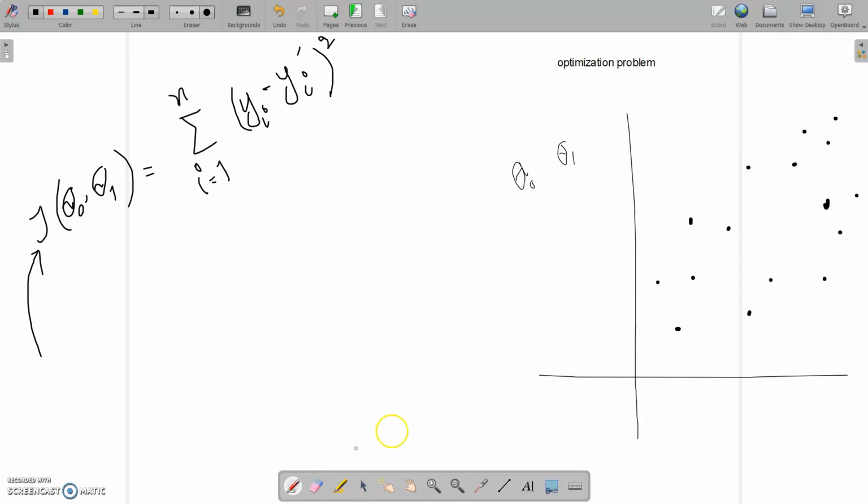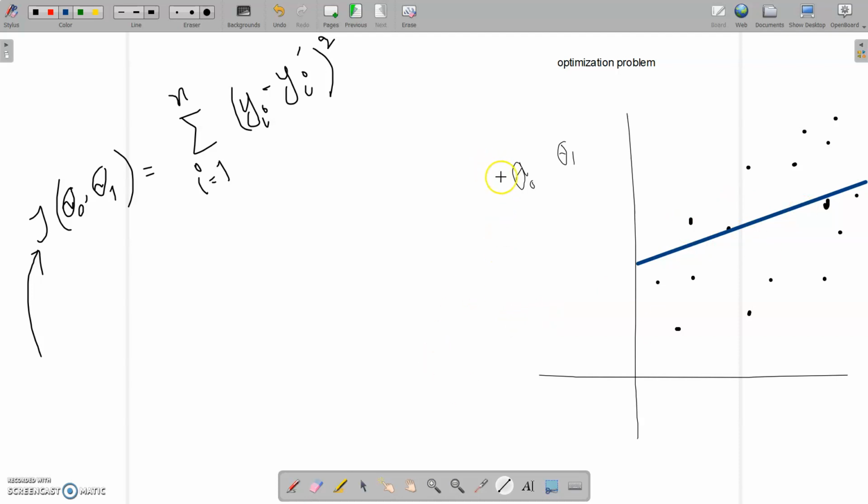First you select a random value of theta 0 and theta 1, and you get a curve like this. You found that the J value, the cost, was too high, because this is not actually the trend that the data is representing.